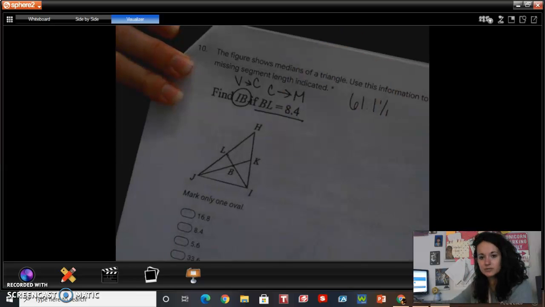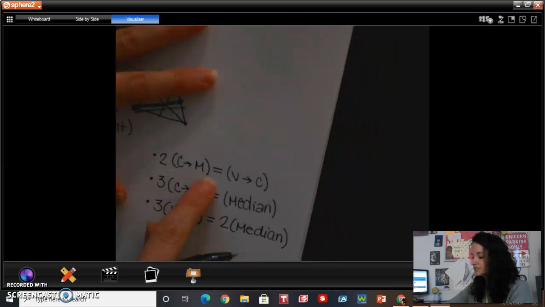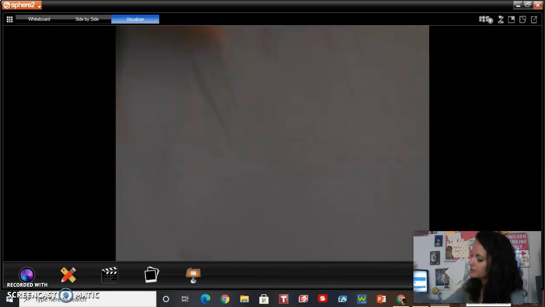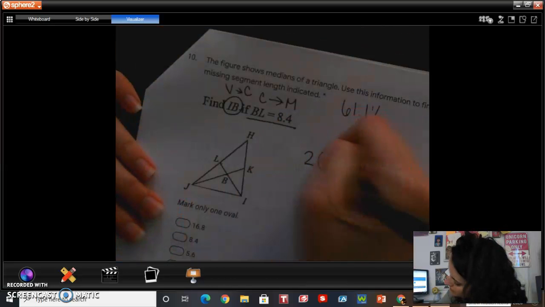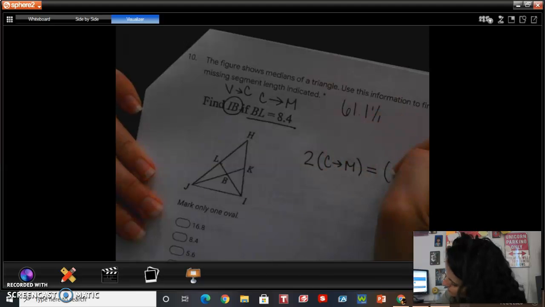So I want to see which one of these formulas deals with those two. So let's see, right here. 2 times centroid to midpoint equals vertex to centroid. So here we go, we're going to write that down. 2 times centroid to midpoint is equal to vertex to centroid.